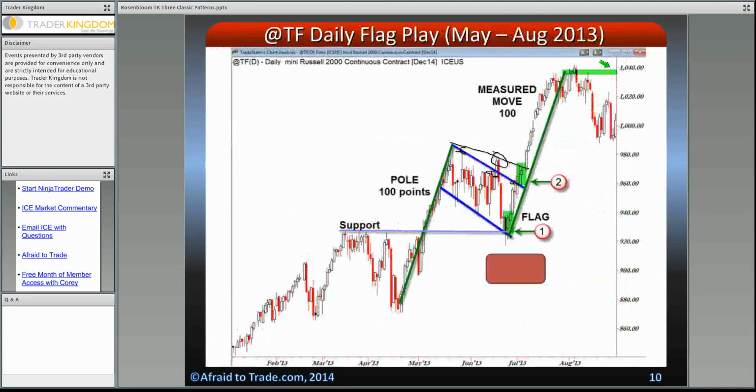Otherwise, go back. This would be about 100 points of a flag and about 30 to 40 points. Well, actually, this would be lower, 20 points if you got the inflection. A little bit higher if you're above that and playing for that move. So where you enter determines what your risk-reward will be.